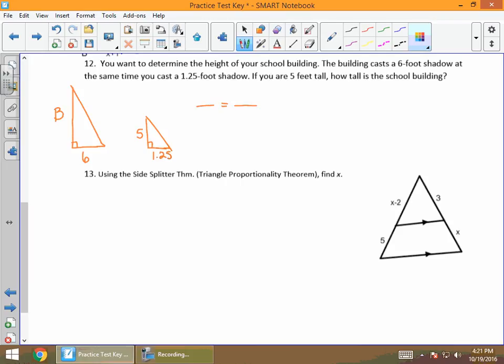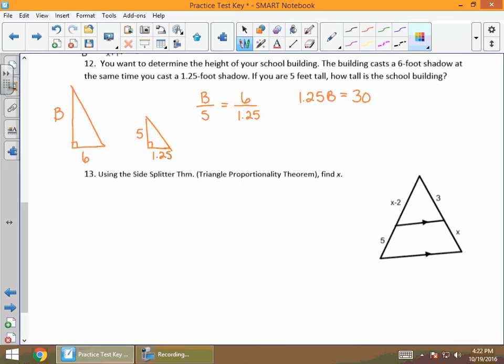So my left triangle first, I'll do its height, then its shadow. So height is B, shadow is 6. Smaller triangle, the height is 5, the shadow is 1.25. So I'm going to cross multiply. 1.25 times B is 1.25B, and 5 times 6 is 30.